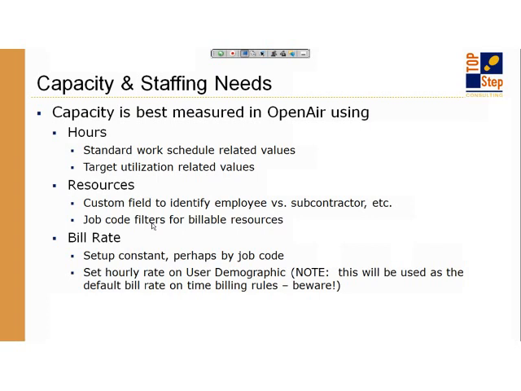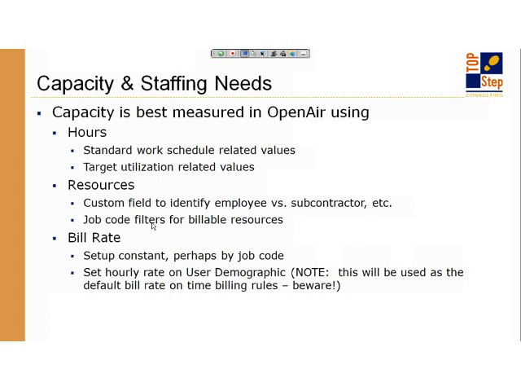Okay? If you do not currently track this in OpenAir, I do recommend adding a custom field on the user record to identify whether this is an employee or a subcontractor. Some of you handle that by job code or by department, for example. Those are all viable options. But you do need something to identify an employee versus a subcontractor when you're considering capacity.